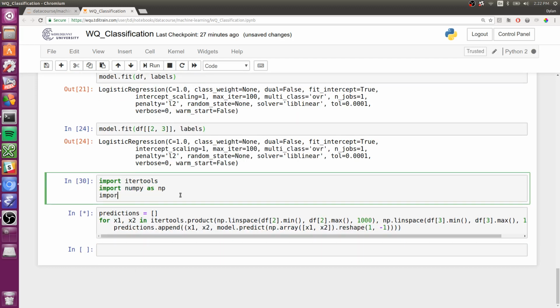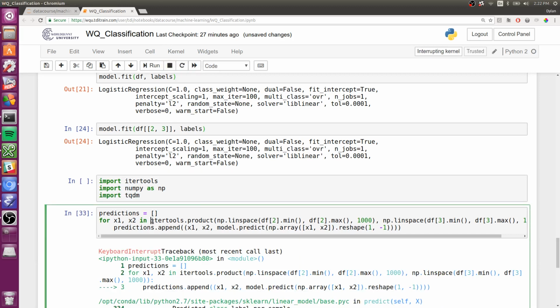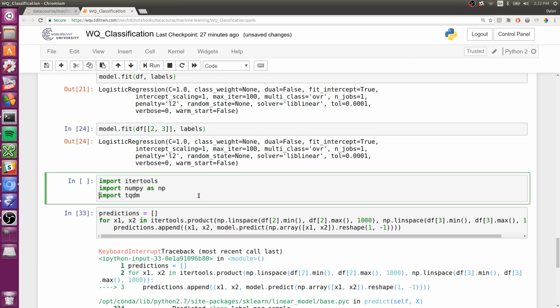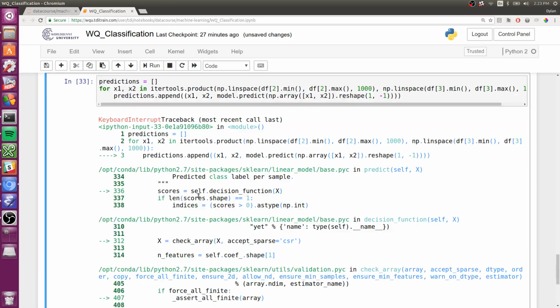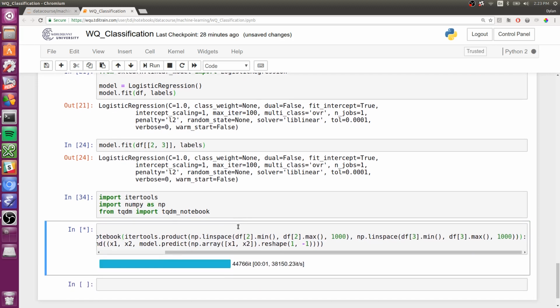Actually going to import one more thing here, just so I can get a handy progress bar. There we go.